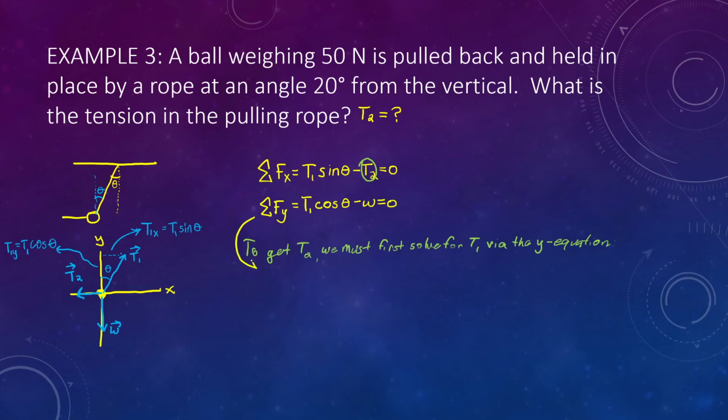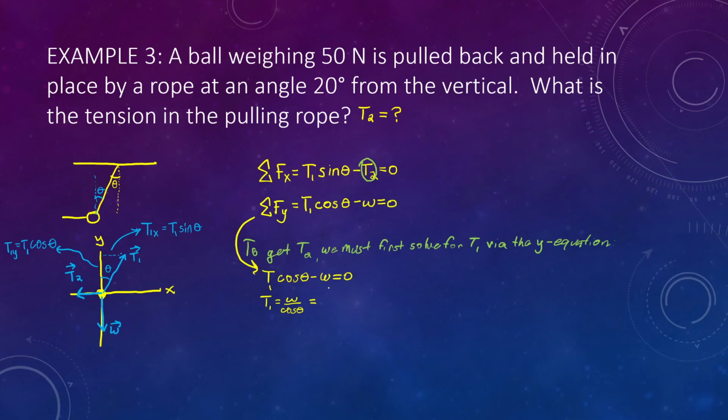So bringing this down, I'll just write it again first, T1 cosine theta minus the weight equals 0. We're solving for T1 first. So T1 is equal to the weight divided by cosine of theta. We do know both of these values.